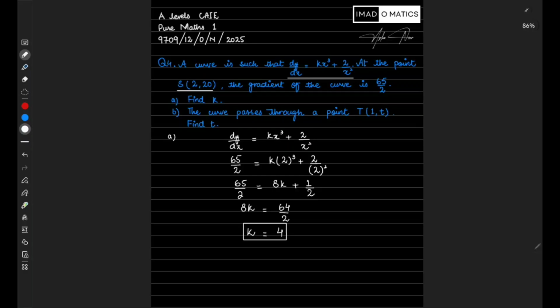Now they say the curve passes through a point (t, 1), find t. For this we need the equation of the curve. We have the derivative, and when we integrate it, we will get the curve equation.